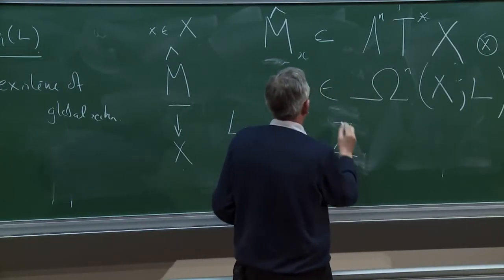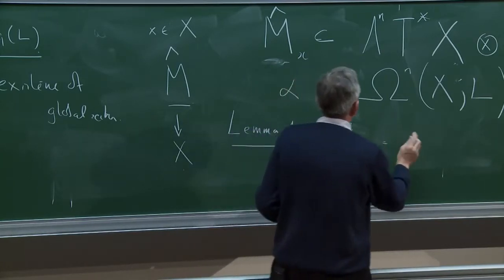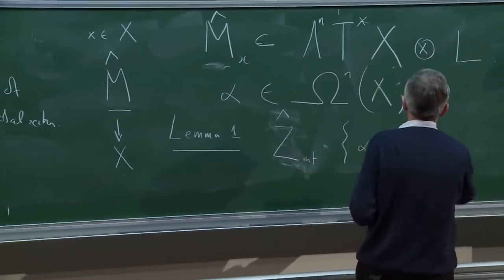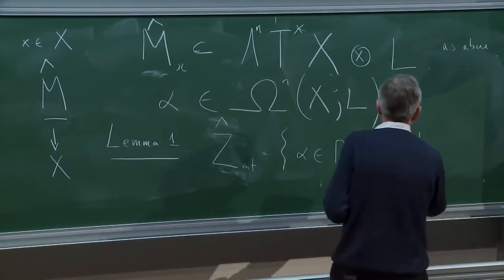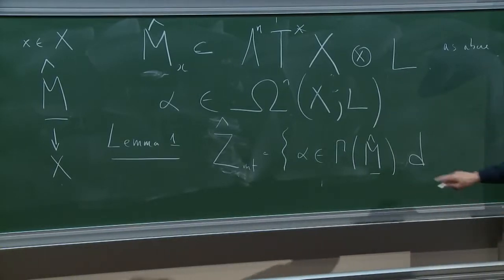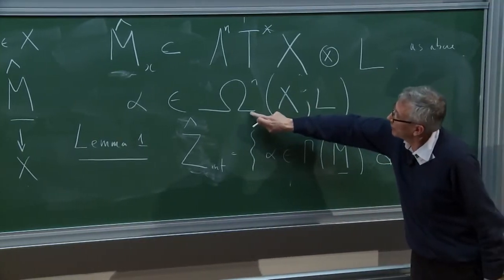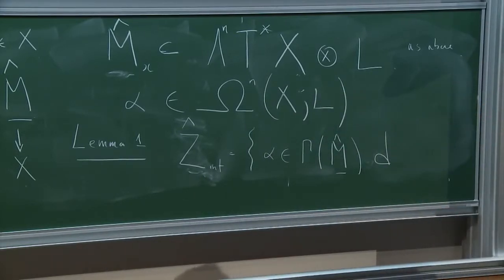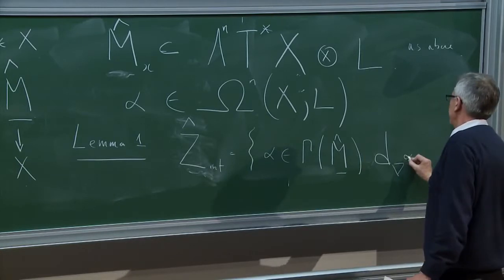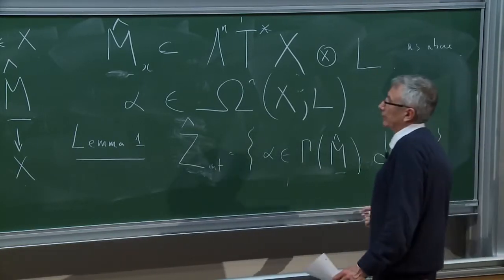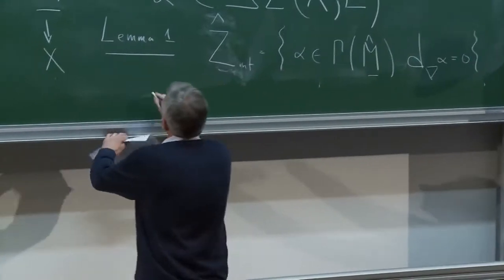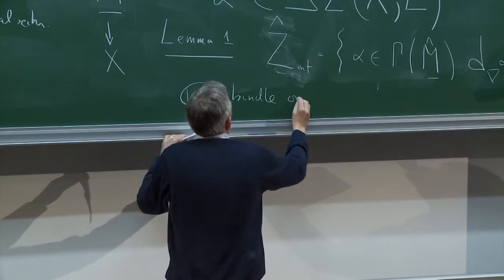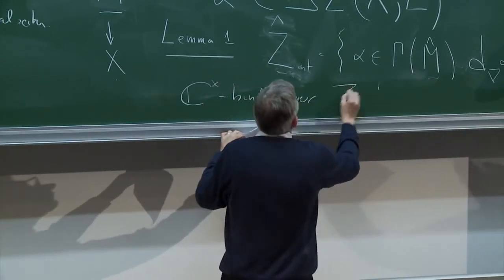So Z hat int is the set of alpha sections of this bigger space, where, if we take the exterior derivative on the n-forms coupled to the connection on L, this thing is zero. This is a C star bundle over our previous space.